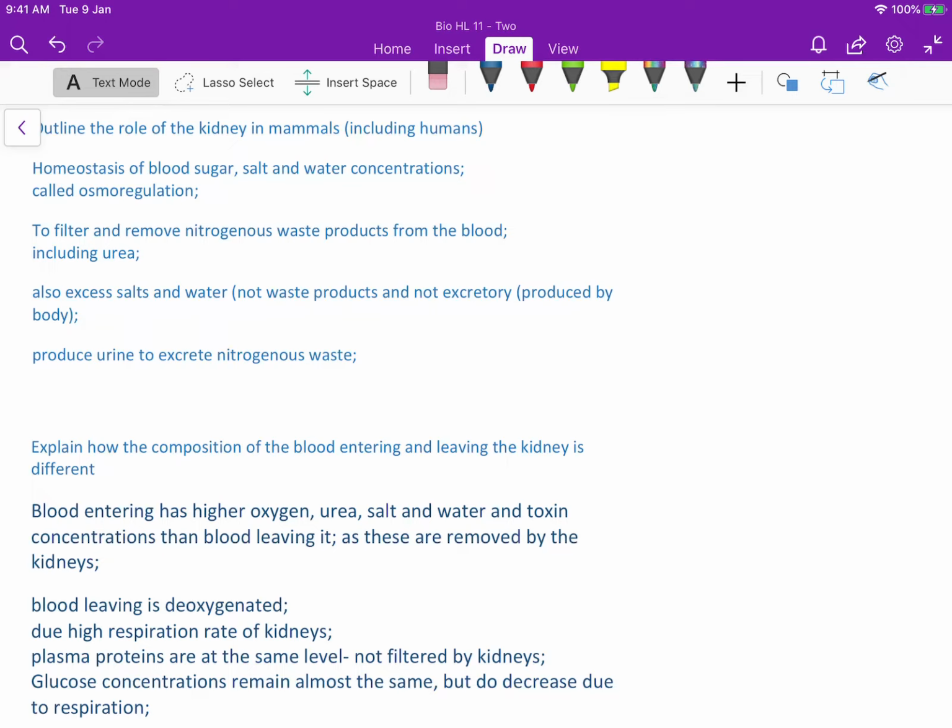So this is just a quick recap then. The role of the kidney was in the homeostasis of blood sugar, salt and water concentration, called osmoregulation. It filters and removes nitrogenous waste products from the blood, including urea. It also removes excess salts and excess water, and it produces urine to excrete nitrogenous waste.